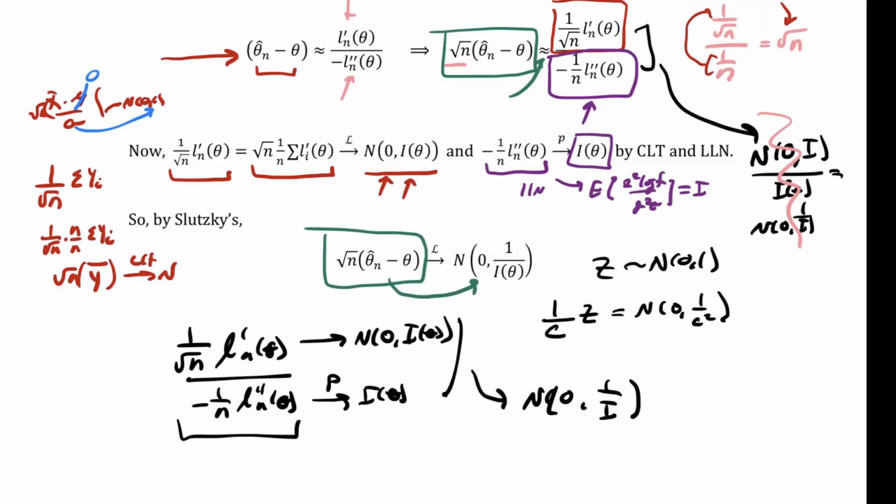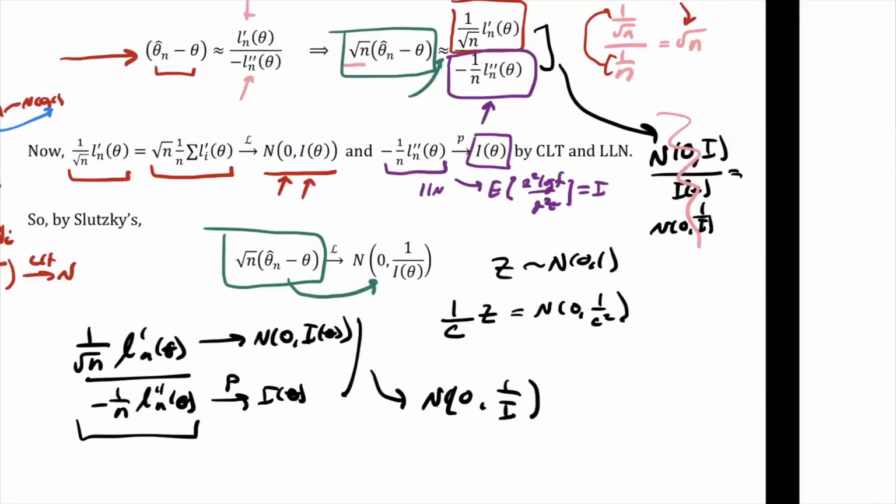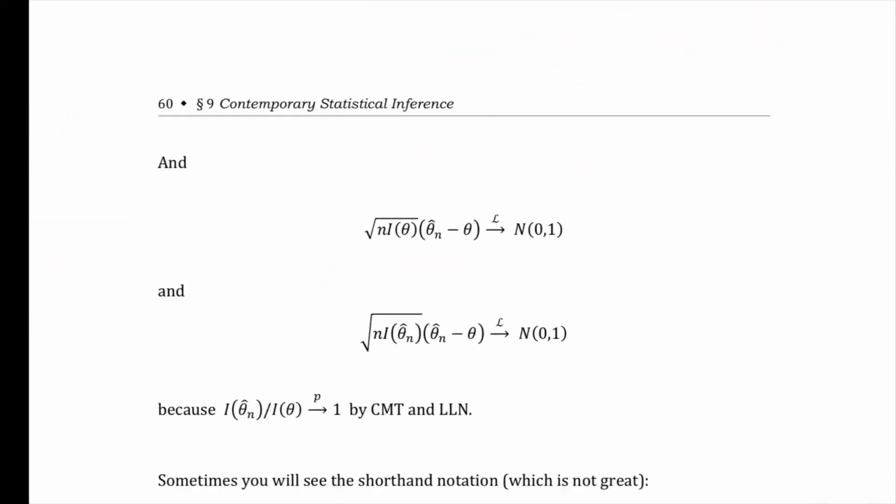All right, let's look at this on the next page. This gives us the distribution of the maximum likelihood estimates. Now, if I move the variance to the other side, I have something super important and super common in the statistics literature, and in any literature dealing with confidence intervals, which says this quantity takes a standard normal distribution.